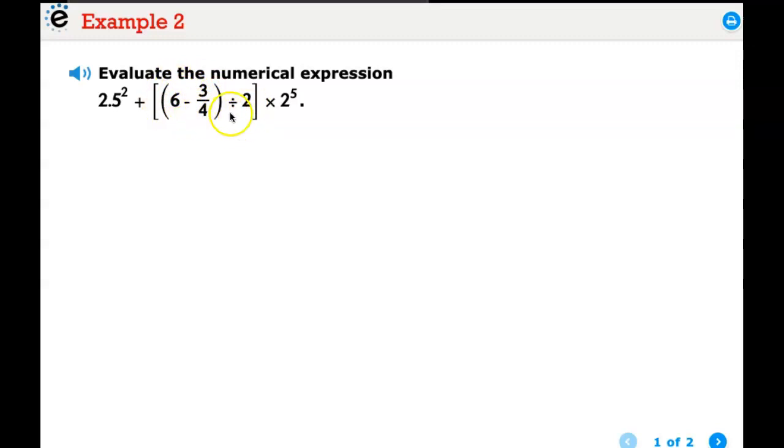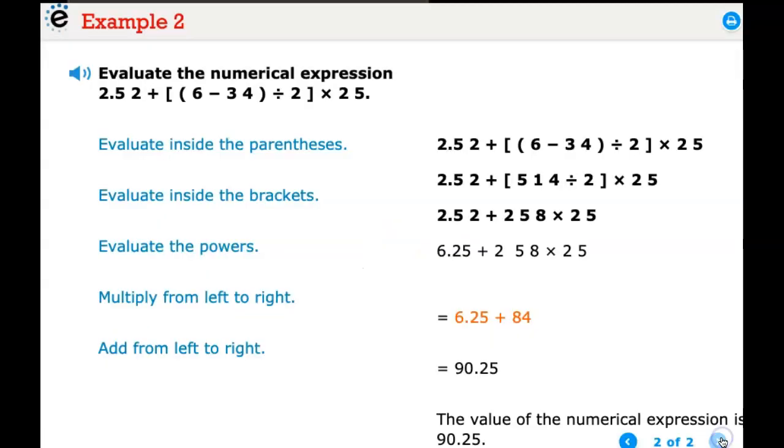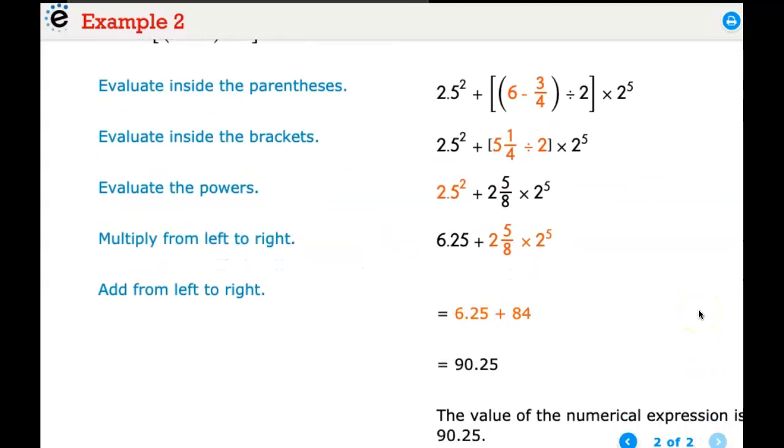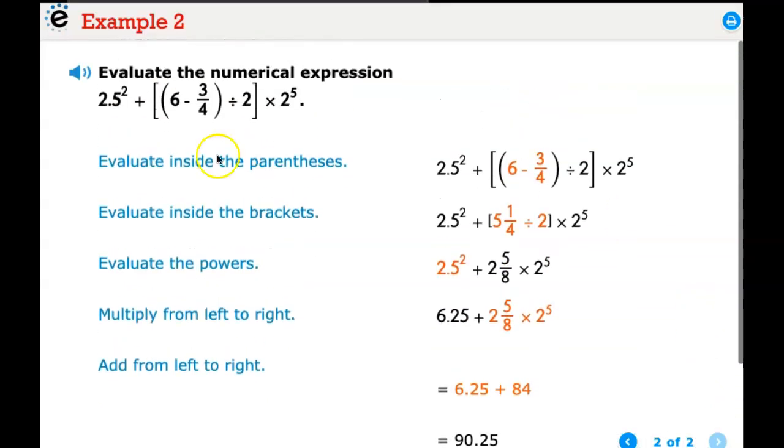Then we evaluate the 2 to the power of 5. Then we multiply. And then we evaluate and we add. Let's see how it's done. So here, the way it's done in the problem, we're going to do 6 minus 3/4 first.